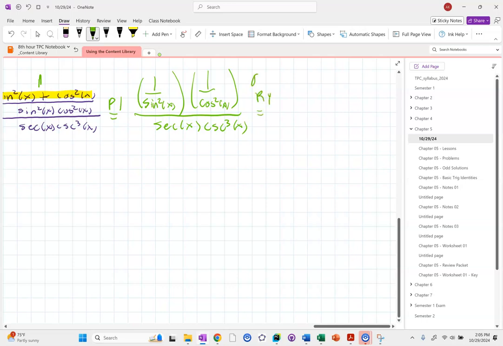Then I'll use R4 and R5 again to make that cosecant squared times secant squared.